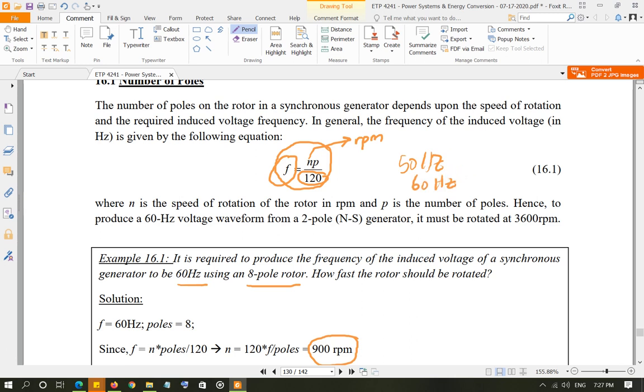So when you have a constant frequency to produce, if in the generation method that you're using the speed of rotation is low, that means you need a high number of poles such that your frequency will still be 60 Hertz. And if in the power generation method that you're using the speed of rotation is high, then you need fewer poles to keep the frequency the same 60 Hertz.